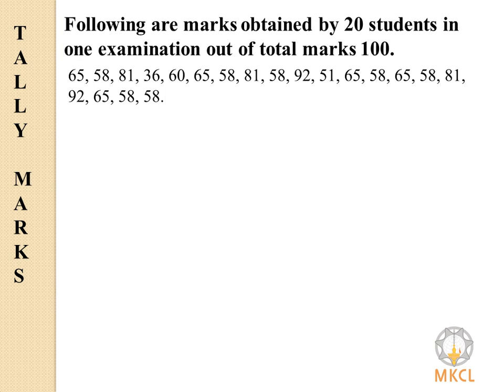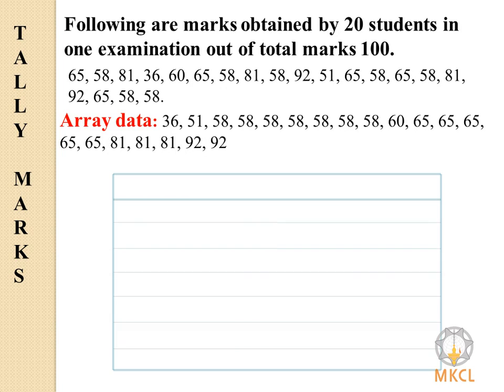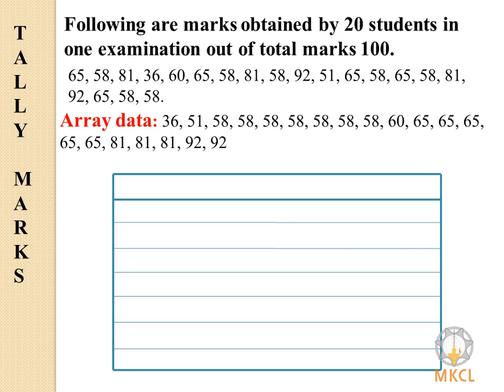Now first, we rearrange the data in ascending order. So it is an array data. This is a table. Now see the screen carefully. After seeing, I will explain what tally marks are.